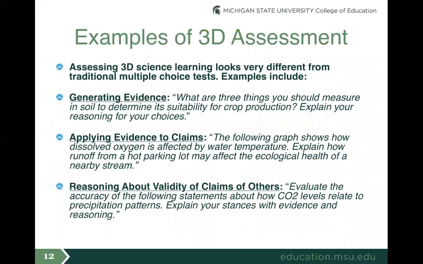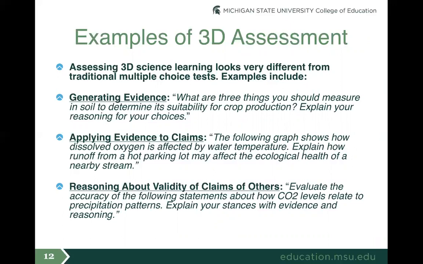So in terms of assessing 3D learning, we know it looks very different than our traditional multiple choice tests. Often we see three categories of assessment questions that help guide students in developing their reasoning and sense-making and expressing that in an assessment. So for example, we might ask students what kind of evidence they might need in order to create an explanation or develop a solution. We might provide students with evidence and ask them to address claims using that evidence.